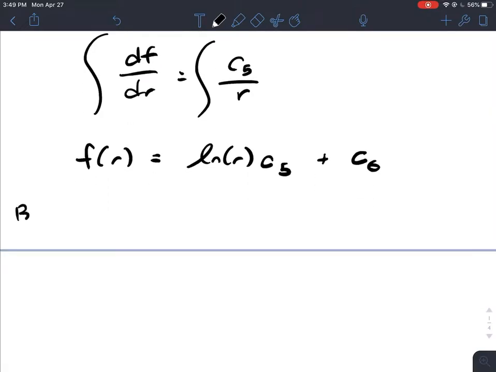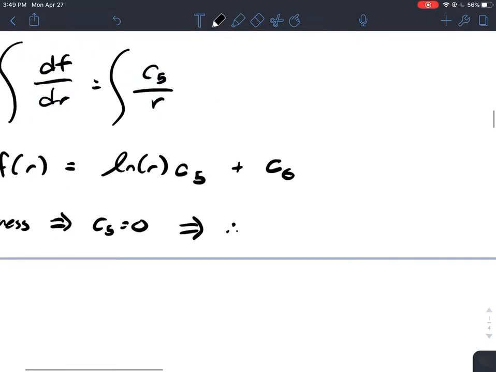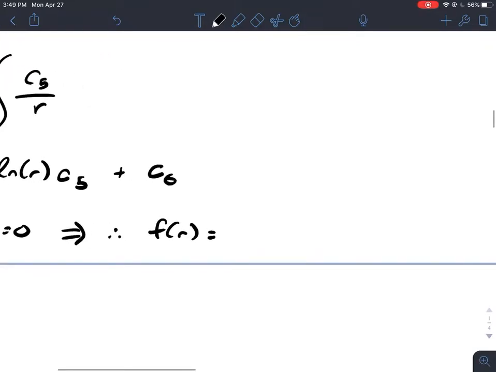And in applying boundedness, and taking the limit as r approaches 0, we notice that the natural log term explodes as r approaches 0, because it's undefined at r equals 0. So therefore, c5 must be equal to 0. And then therefore, f of r is going to be equal to some constant. Let's make that a better c6. c6 for mu equals 0.